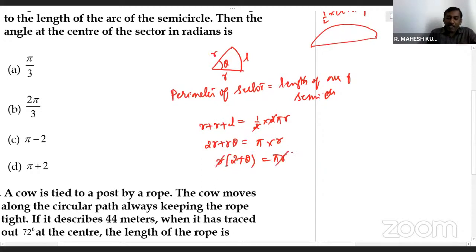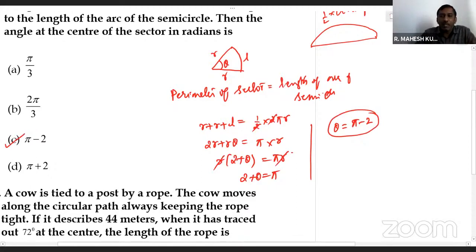This r gets cancelled, 2 plus theta is going to be pi. So you need to find out what theta is. Obviously theta is going to be pi minus 2. It's going to be option C that is the correct answer for this. So the central angle in radian is always going to be pi minus 2.